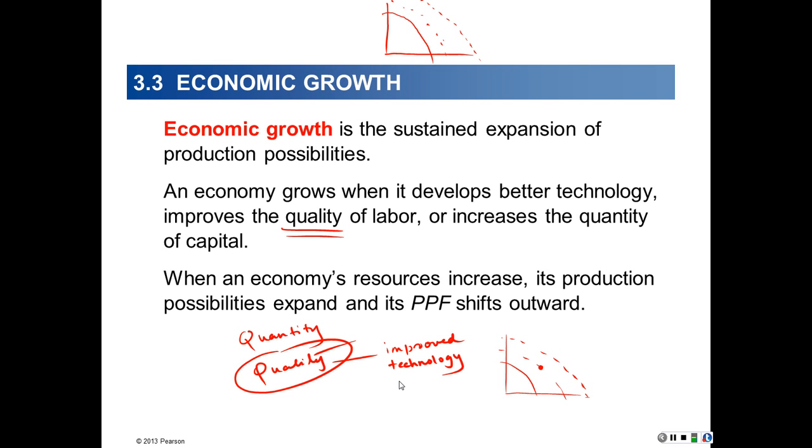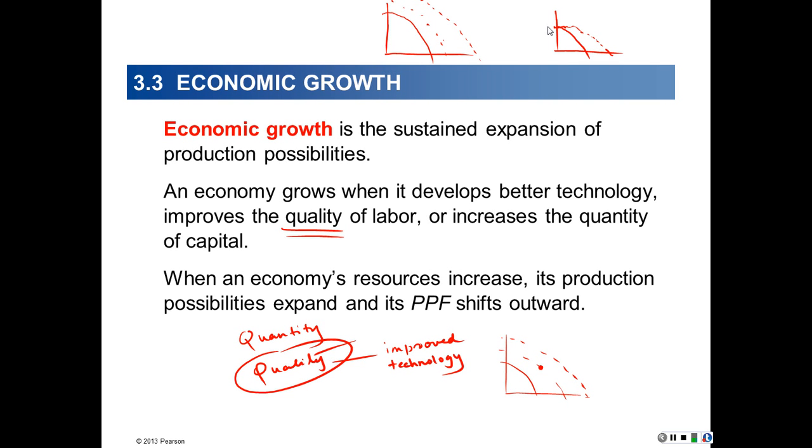Now, let me also tell you that this rightward shift needn't be the shift that I have drawn here. It could also be a pivot. So you could have a shift like this. In other words, the maximum quantity of DVDs that the economy can produce may remain the same.